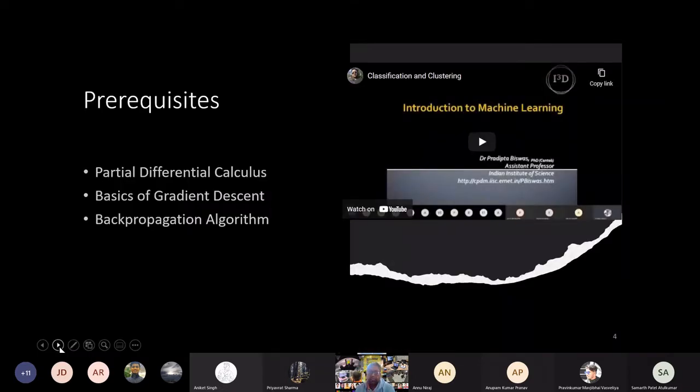The prerequisite for today's lecture, and I hope most of you already have it, is the basic concept of partial differential calculus. We will use partial derivatives multiple times when we talk about gradient descent, and of course the basics of gradient descent and the backpropagation algorithm.